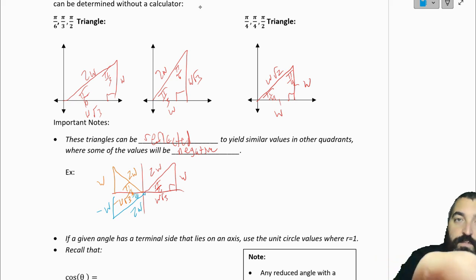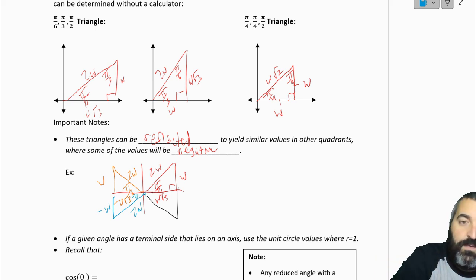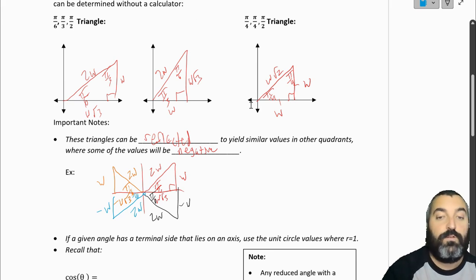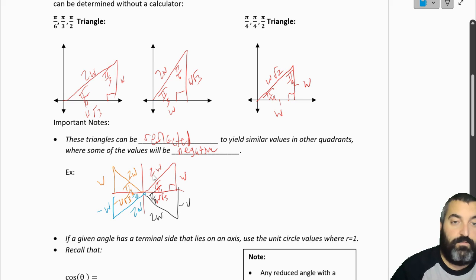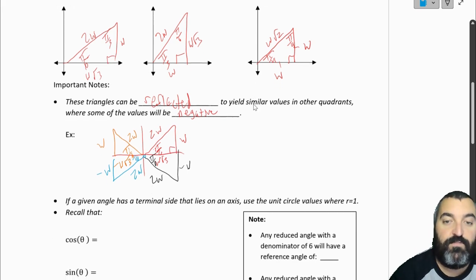And then our last one, this bottom right one. This is still pi 6 as the angle. Now it's negative w, this is still w root 3, and the hypotenuse is still 2w. So you can see we can use those triangles in any quadrant as long as we know what the reference angle is. If we're asking you to do it without a calculator, it's most likely going to be pi thirds, pi sixths, or pi fourths reference angles.